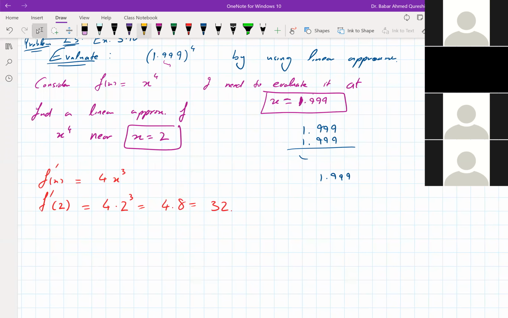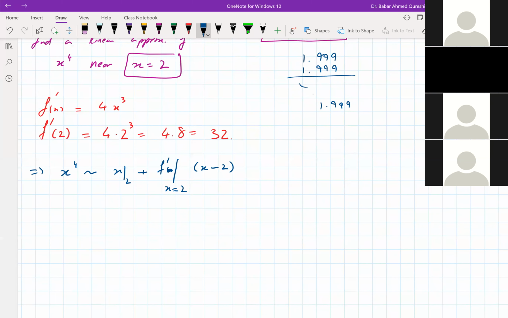So that means the linear approximation of x to the 4 is f evaluated at 2 plus f prime evaluated at 2 times x minus 2. That's the formula.